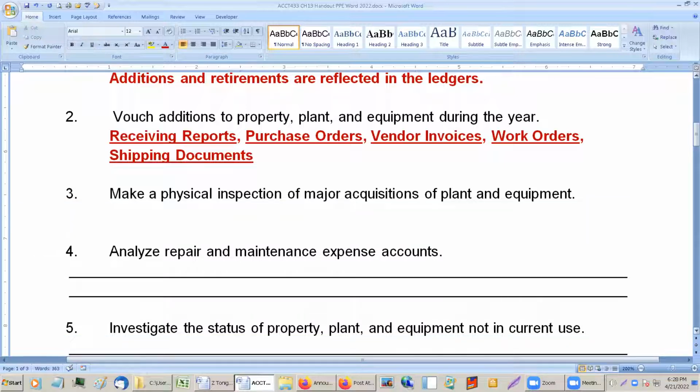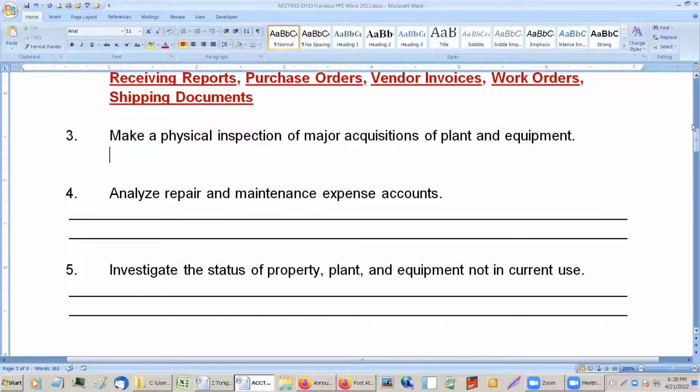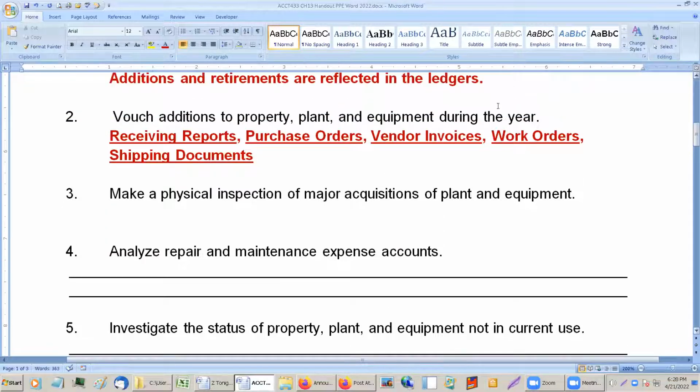Make a physical inspection of major acquisitions of plant and equipment. So once you vouch that they have these additions, and you get all this paperwork, now you want to go see this thing.